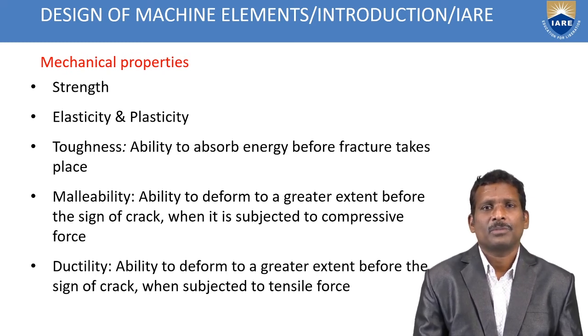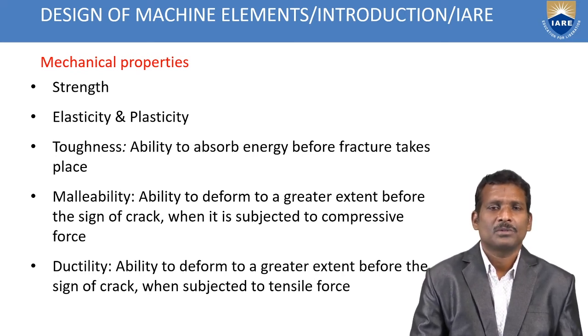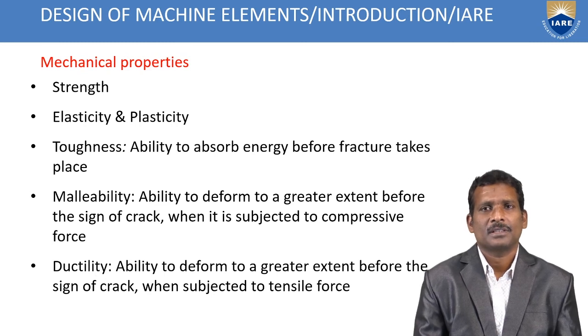So, elasticity and plasticity. Whenever load is applied on an element, it gets deformed. Clear. After removal of the load, immediately it goes back to its original position. So that is called the elasticity property. Already you know, you studied in physics and engineering mechanics. And plasticity is when it does not regain its original shape.